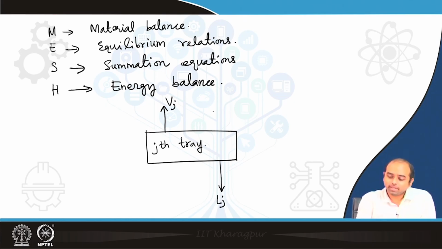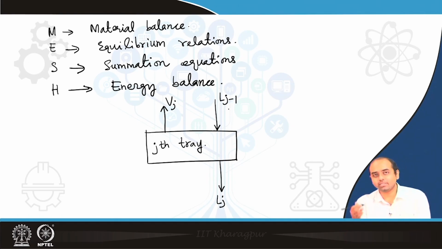The liquid that is coming into the system is represented as Lj minus 1, because the numbering is from top to bottom. The liquid coming from the top, the previous tray, will have a numbering of j minus 1, so the stream leaving that tray has the index j minus 1.